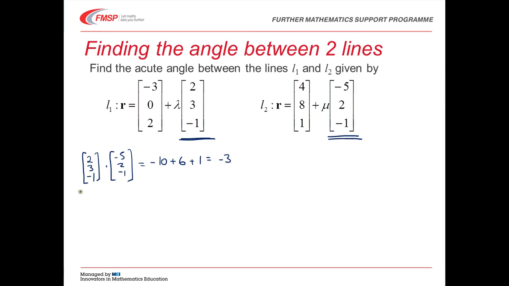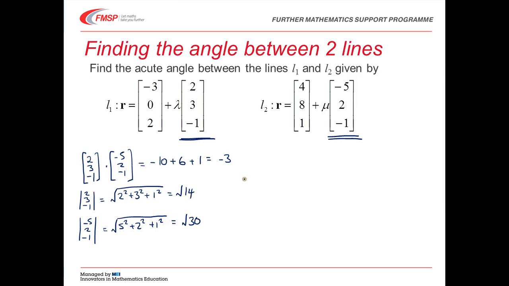I also need the modulus of each vector. So the first one, that's 2 squared plus 3 squared plus 1 squared. That's root 14. And for the second one, minus 5, 2, minus 1, root 5 squared plus 2 squared plus 1 squared is root 30.